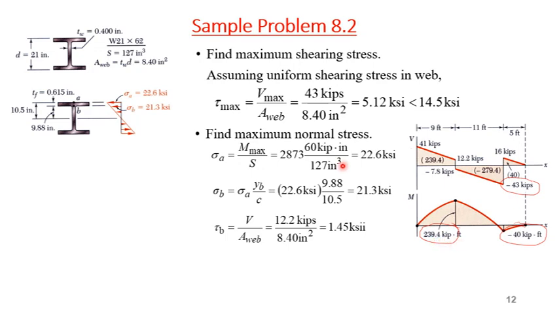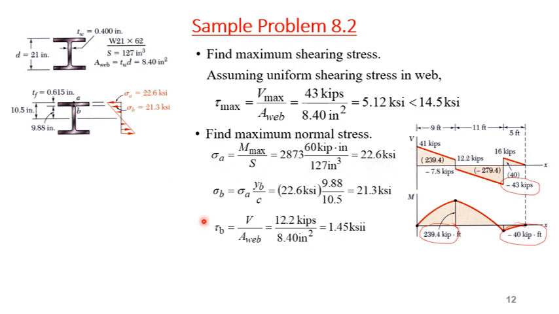When we convert it, multiply by 12, it becomes 2873 kilopound-inch. So at A, M max by S becomes 22.6 ksi.